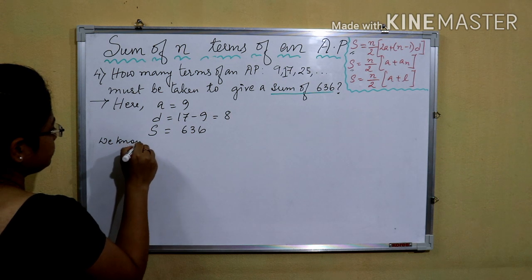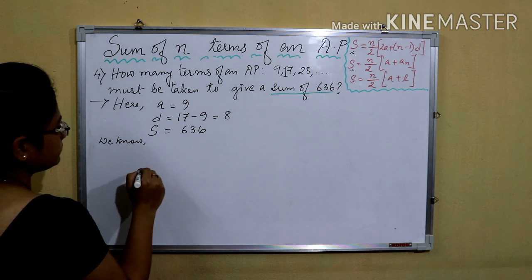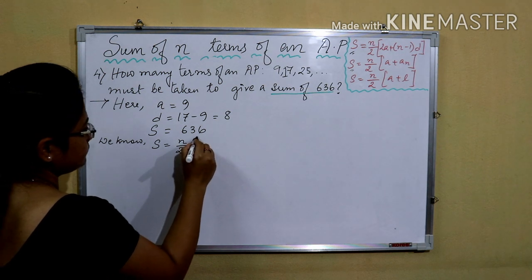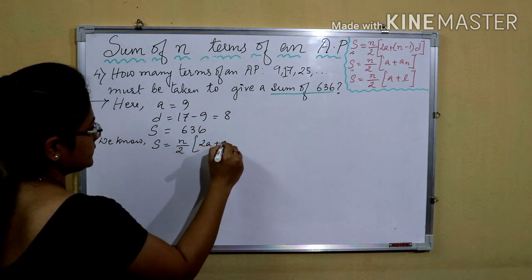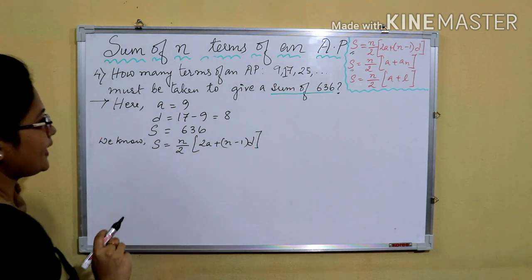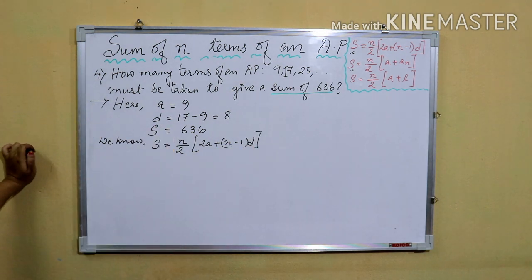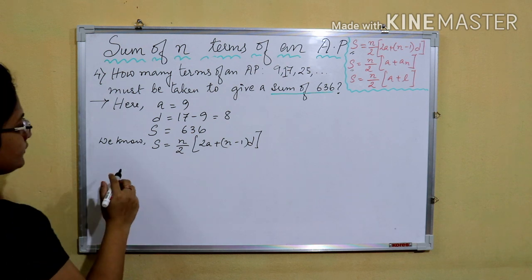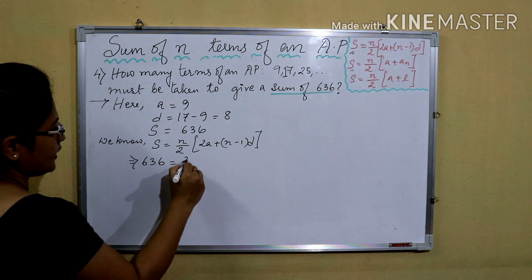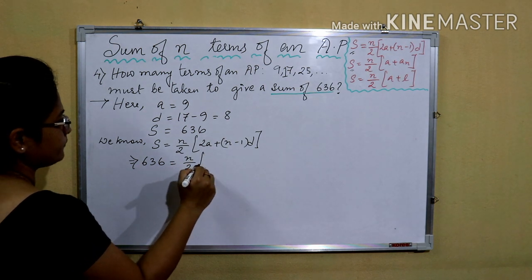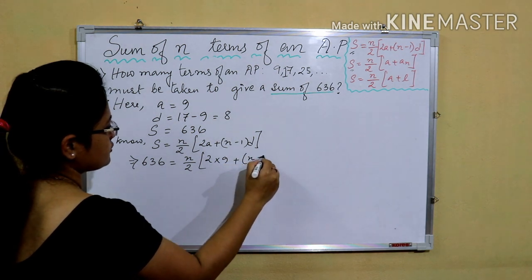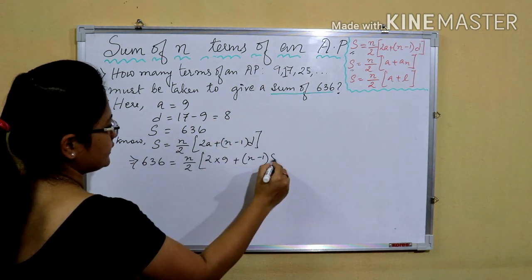So we know S is equal to n by 2 into 2a plus n minus 1 d. Yes, we'll be using this formula because a and l are not given to us. So 636 equals n by 2, 2 into 9 plus n minus 1 d, 8.